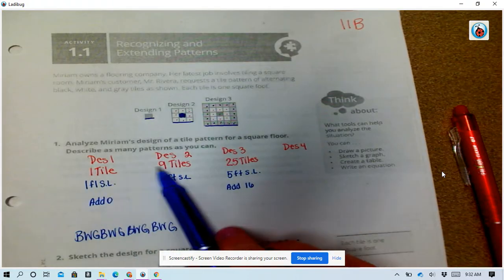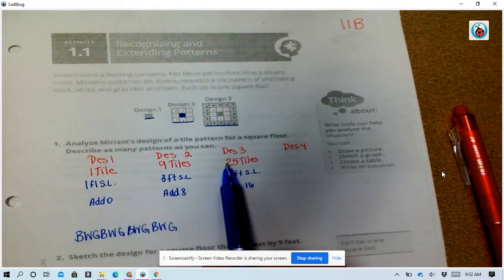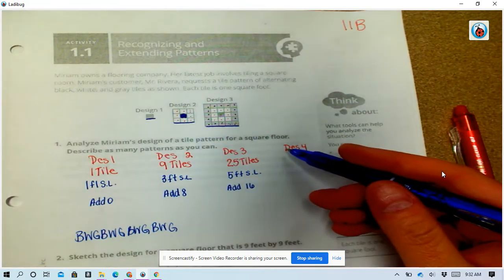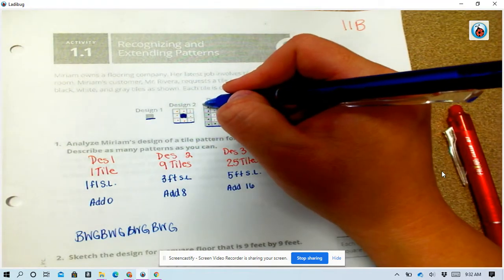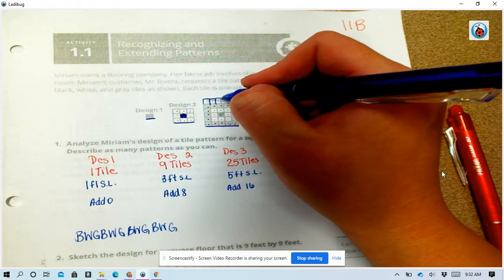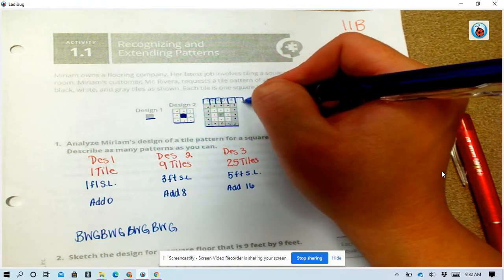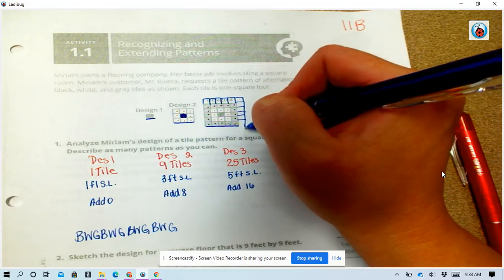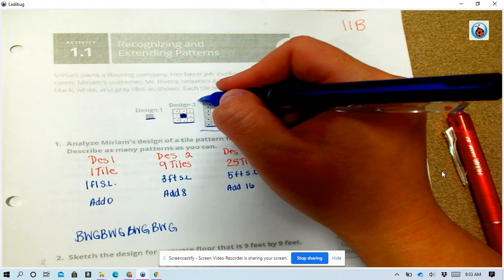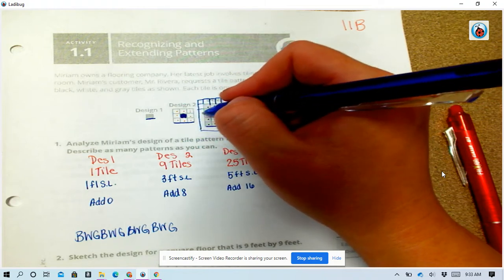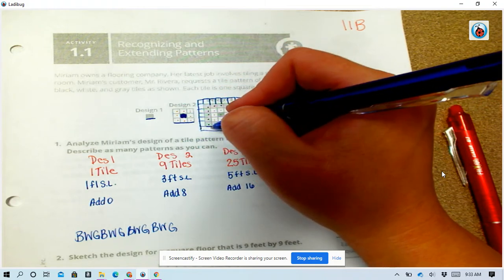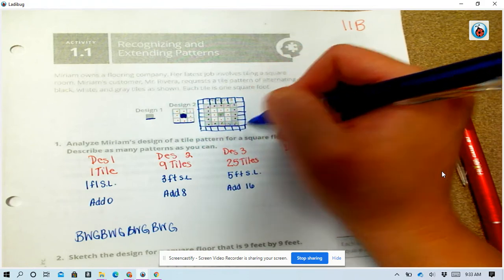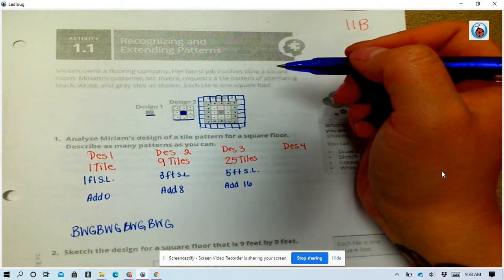So based on our patterns, let's see if we can figure out design 4. So design 4, we know we would have to add tiles here. And it's not going to be pretty. But we do know it would get bigger. Okay, so how many tiles?